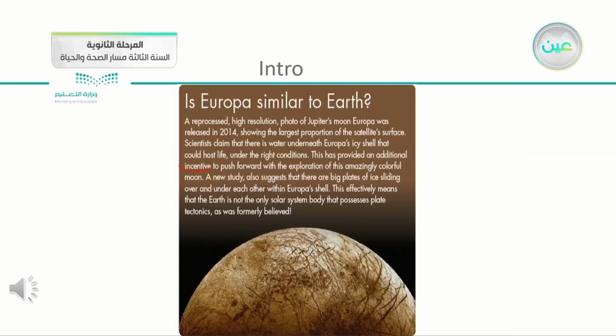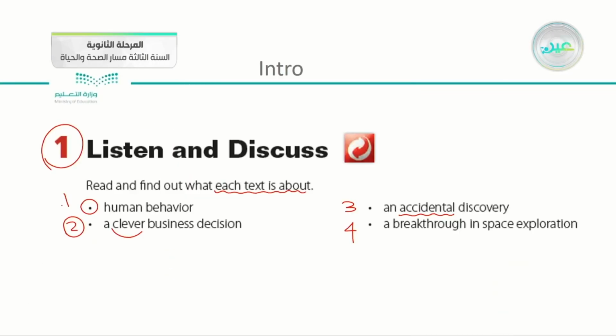Now we are going back to the first page where we have listen and discuss. We said that we have 4 categories for our lesson today. And these categories are human behavior, a clever business decision, an accidental discovery, and a breakthrough in space exploration.